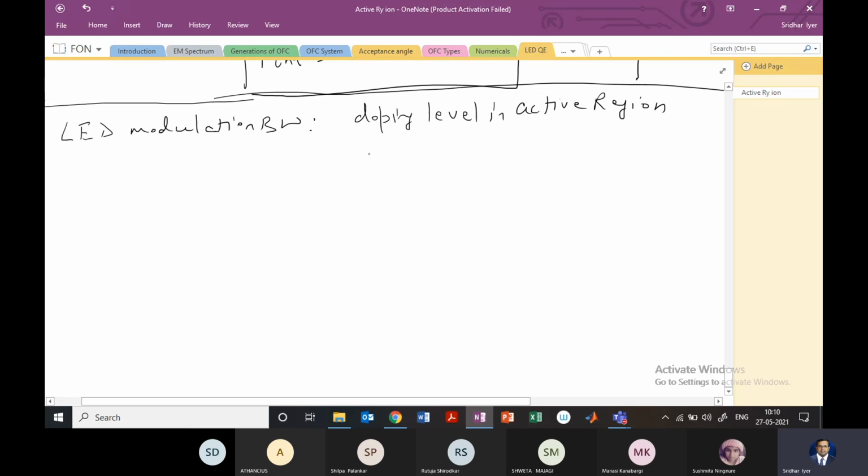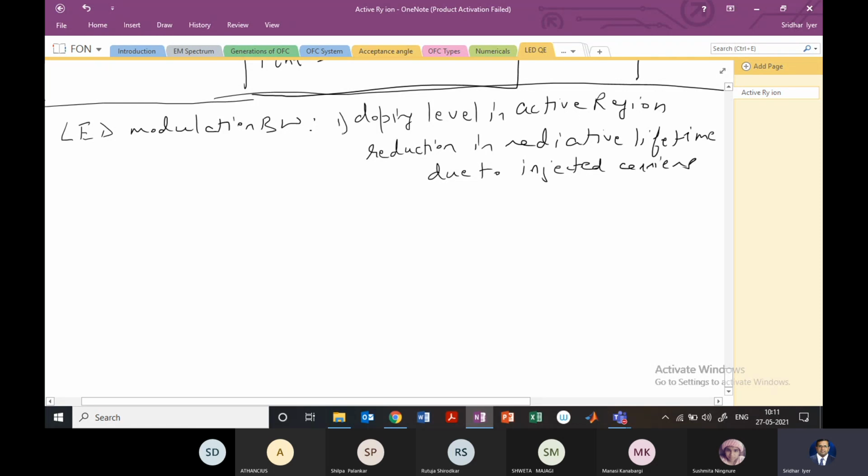Second is the reduction in radiative lifetime due to injected carriers. This is important. One is the doping level: how much do you dope?